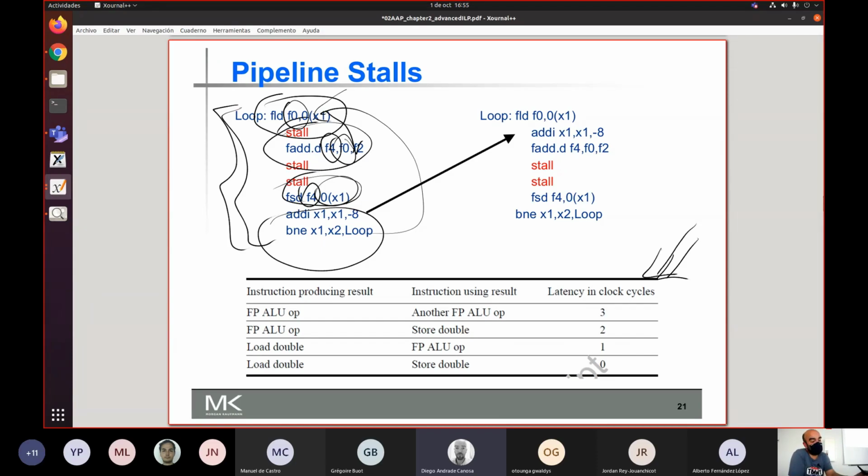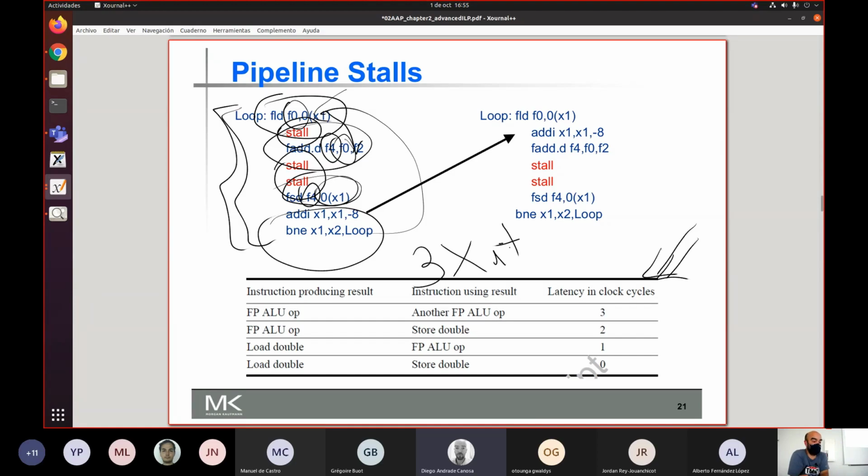So if we do nothing, we are going to have 3 stalls per iteration. And if we have thousands of iterations in a loop, then we are going to have 3,000 stalls. However, something that we can do almost immediately is to reorder the code.